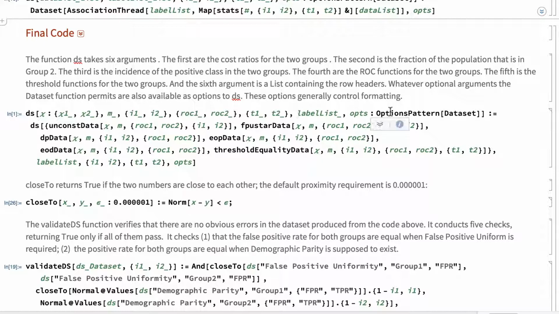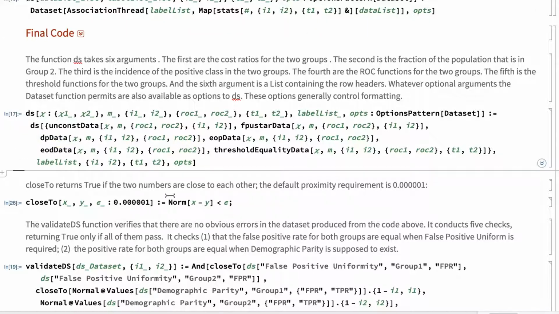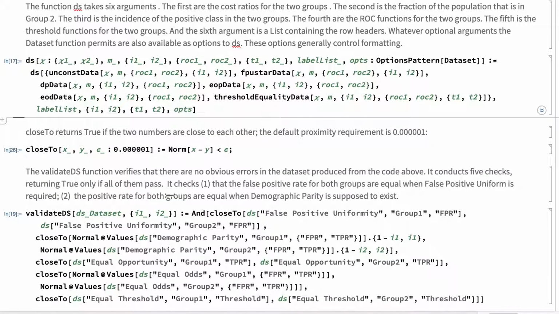I'm also going to label a bunch of scenarios, and then if I need to push options to the data set that's ultimately going to wrap this all up, I can do that here. So that's what this code is doing here. I do want to check at various points whether two numbers are very, very close to each other. So that's a function here.